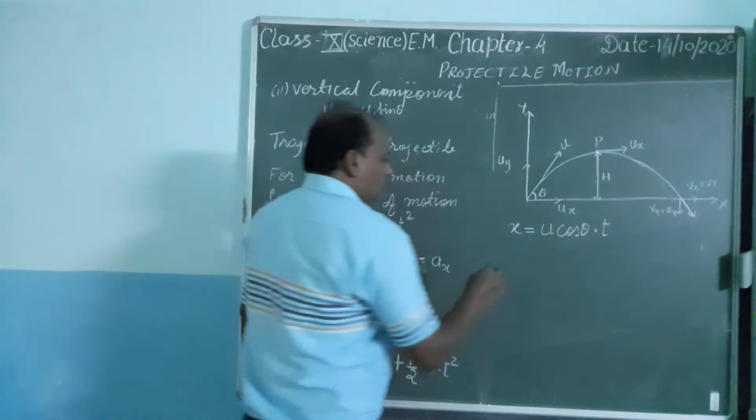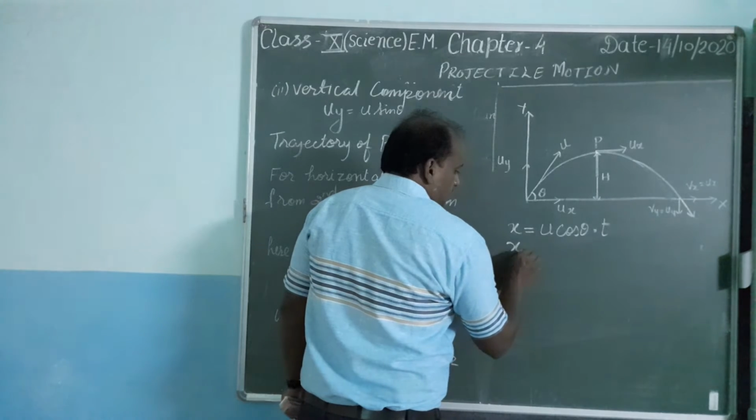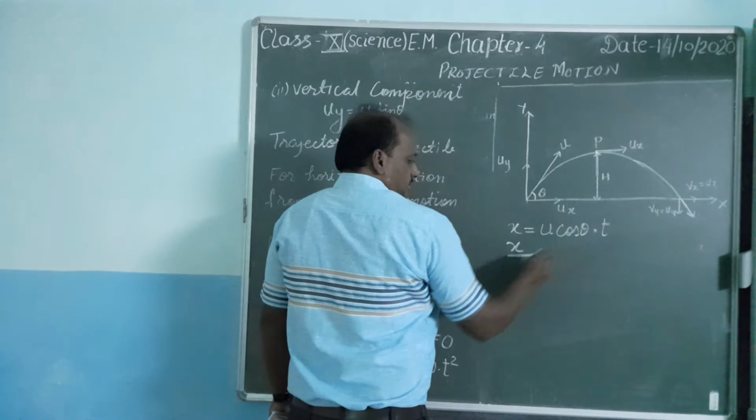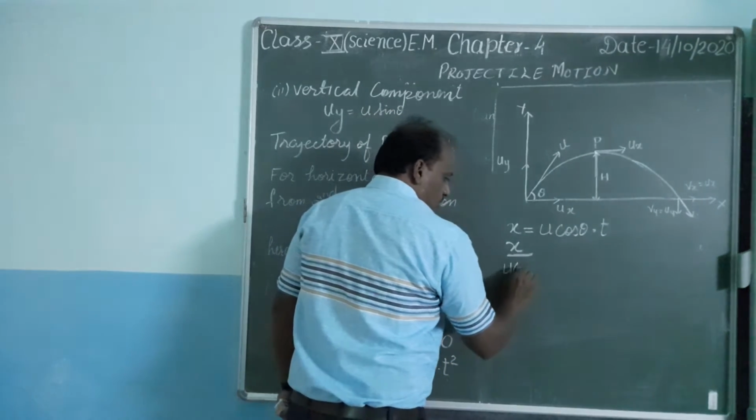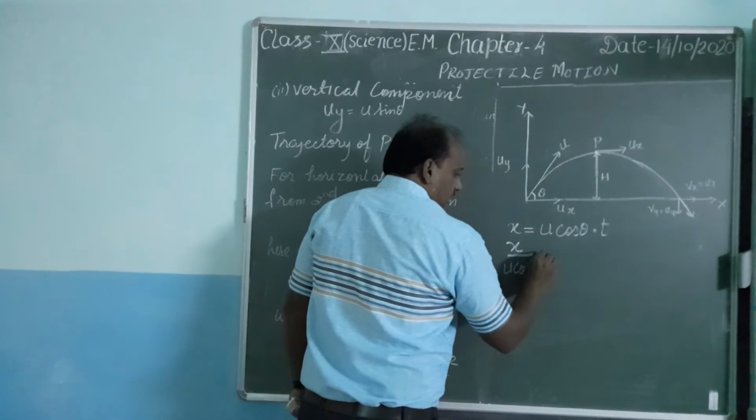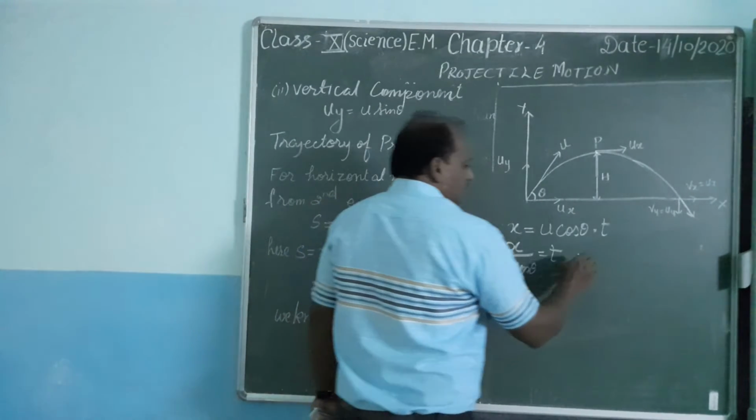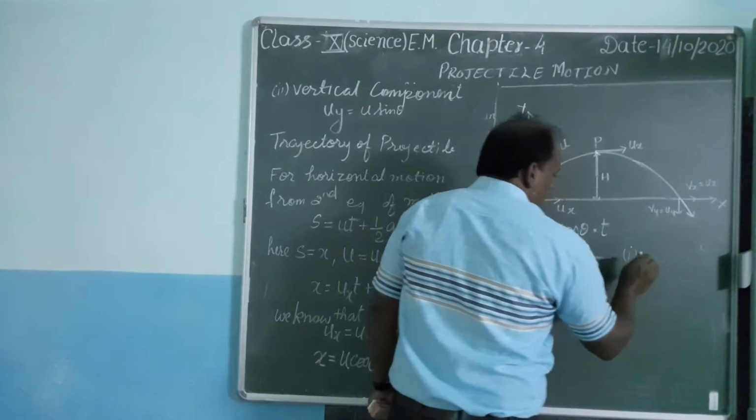So t equals x upon u cos theta. This is our equation number 1.